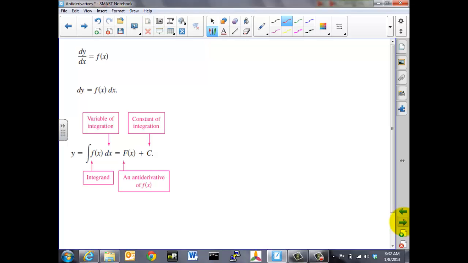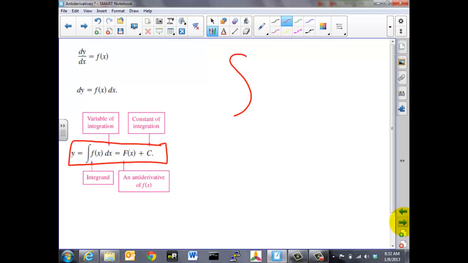Another way to solve this problem, or the more common way to see this written, is with this right down here. Anytime you see that elongated S-looking thing, this is called integration.